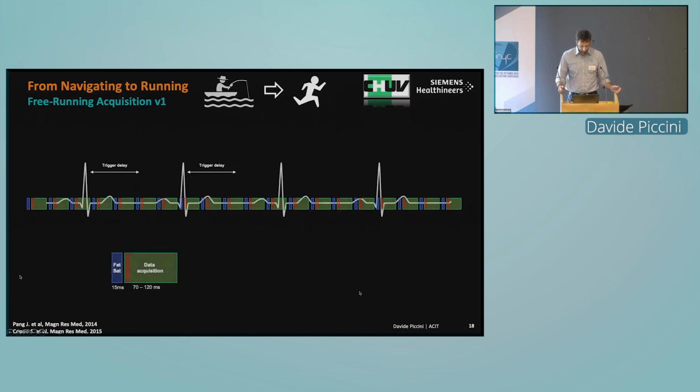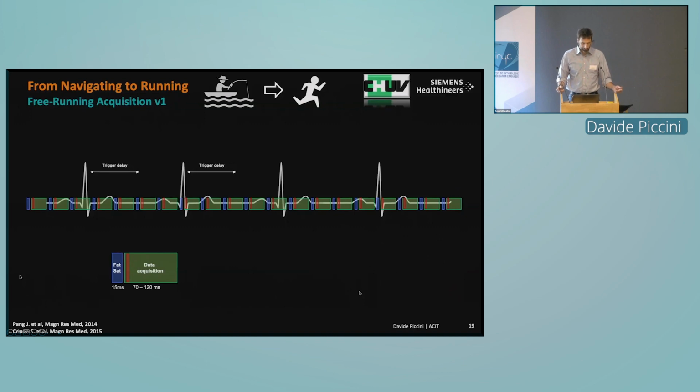So we took out the T2 prep because it's a lot of energy deposition, but then the block is the same, so fat saturation, then this navigating readout and the data acquisition, and we just acquired continuously over the whole cardiac cycle. And then now you have both cardiac and respiratory motion that are encoded into this 1D projection that you're acquiring regularly. Before it was only the respiration because you were assuming that you had no cardiac motion.